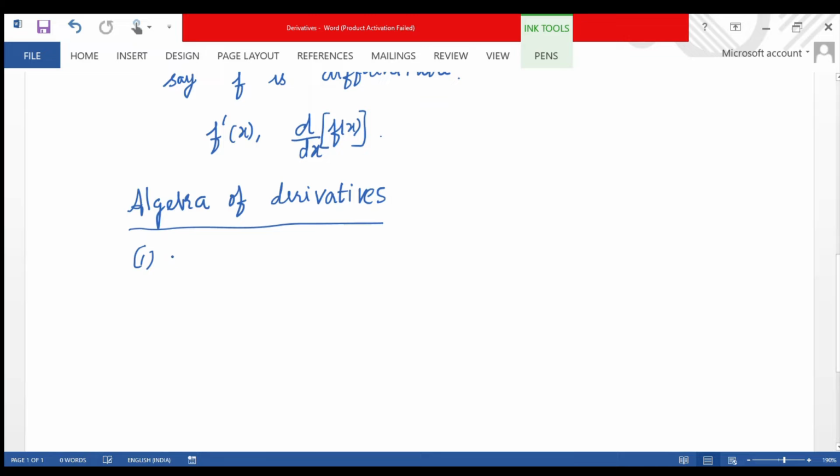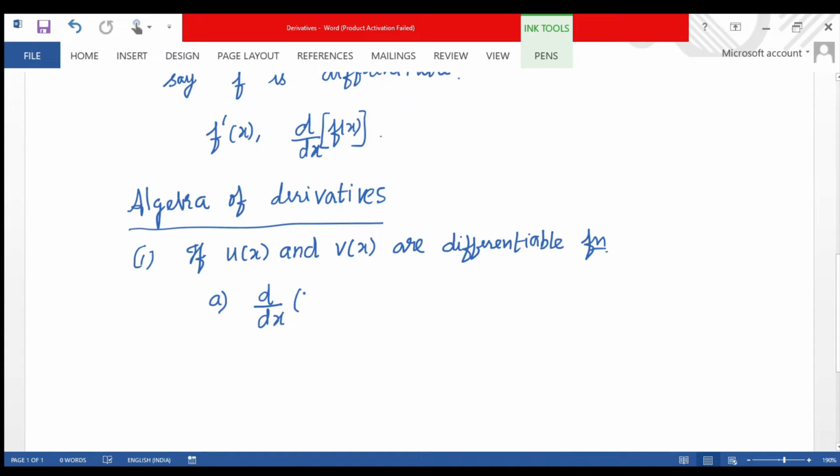First one, if u of x and v of x are differentiable functions, then the derivative of u of x plus v of x is equal to derivative of u of x plus derivative of v of x, and this can be extended to any number of functions.